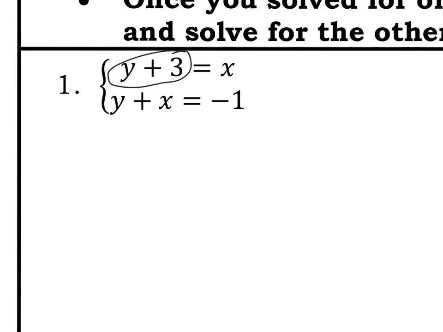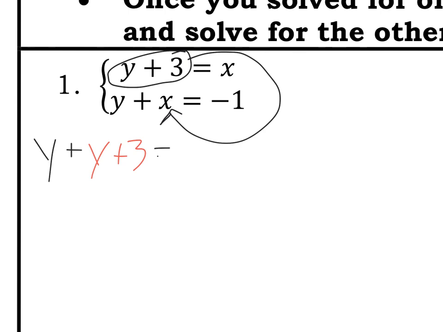So I'm going to replace the x, or substitute the x in the other equation, with y plus 3. I'm going to write down the other equation of y plus, and then I'm plugging in y plus 3, and then I'm just bringing the rest down from that other equation.